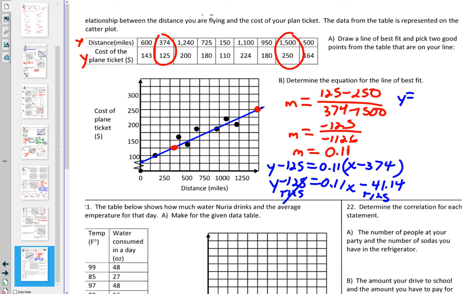Y is equal to 0.11x plus 83.86, which looks more or less where it'd be crossing, because they're going down by 25, so it's somewhere in that 80s range. It all depends on how accurate my line of best fit was.